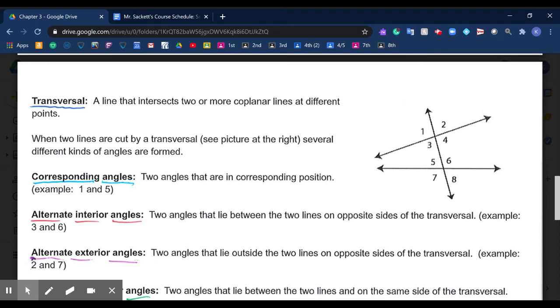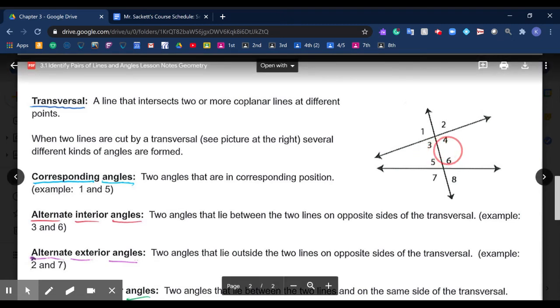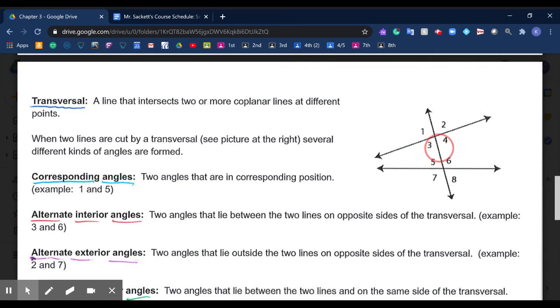Then we have alternate interior angles. The interior is the space in between the two lines being cut by the transversal. So our interior angles would be 3 and 4, 5 and 6, whichever ones are in between the two lines cut by the transversal.